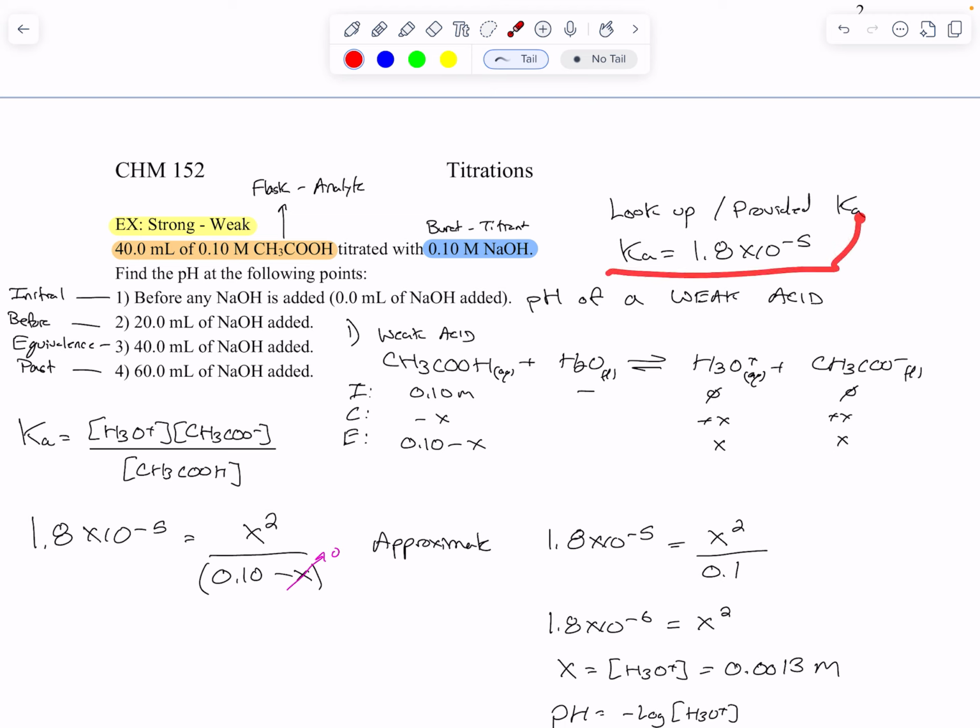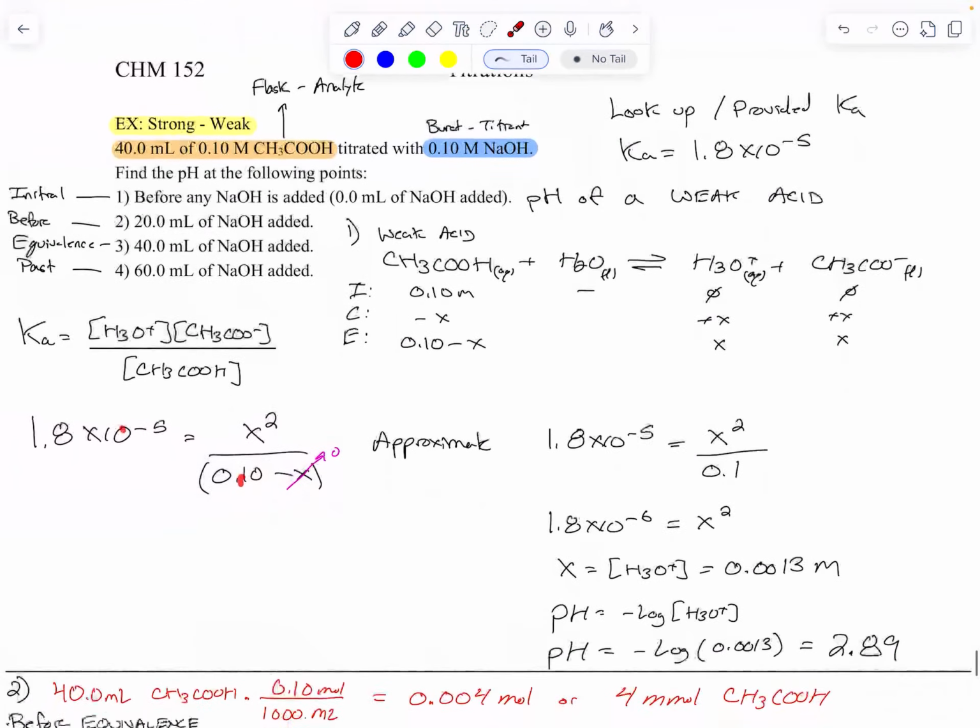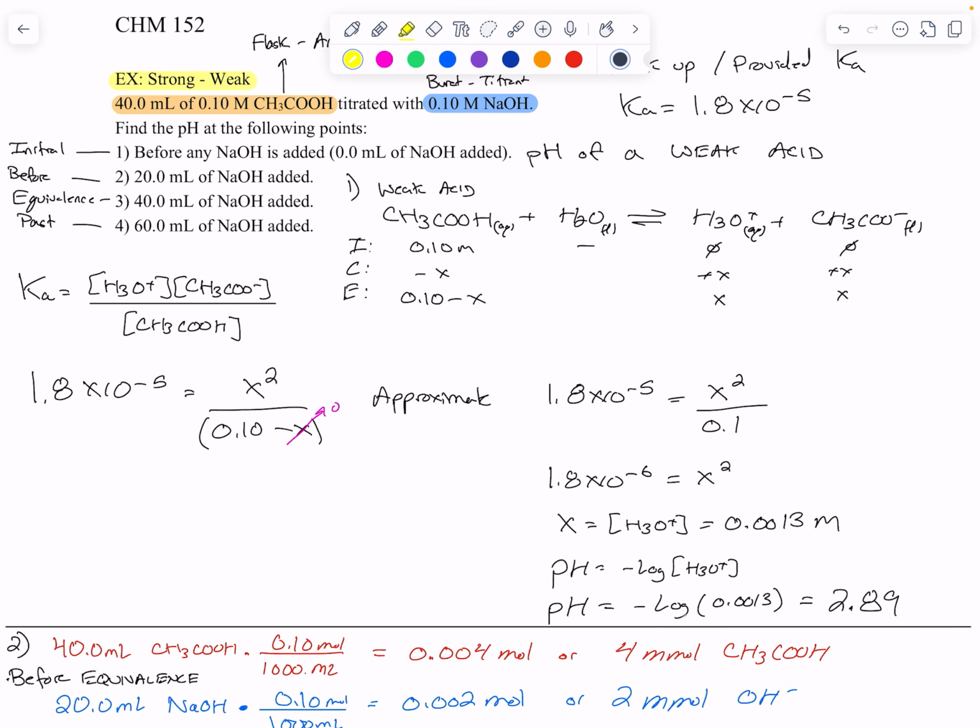So you've got to have Ka. The initial is just the pH of a weak acid. Do your concentration, your ice table, Ka. Whether you can approximate or not depends on Ka and the initial concentration. And you get your pH of the acid, all right, the initial pH.